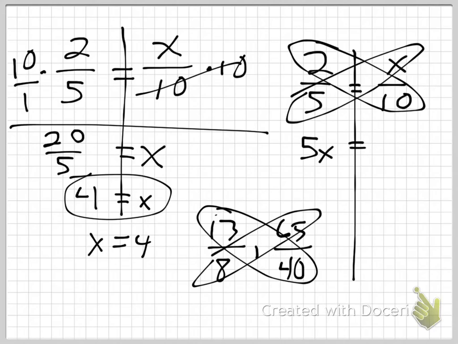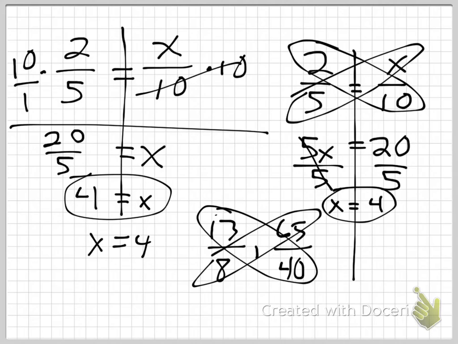What is 2 times 10? Then we already know it was 4. But do you see now what you're allowed to do? You cross multiply because they are equal. Since they are equal, you can cross multiply and solve it that way.